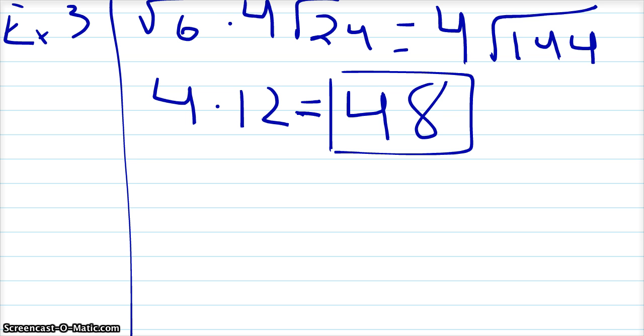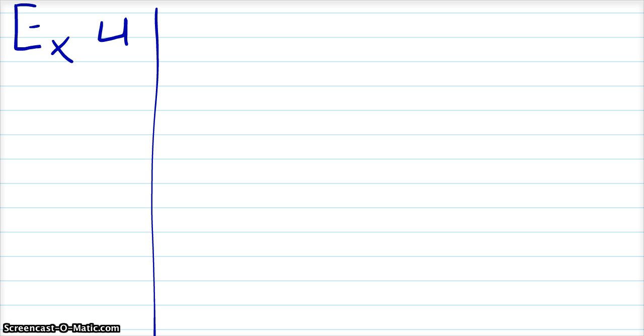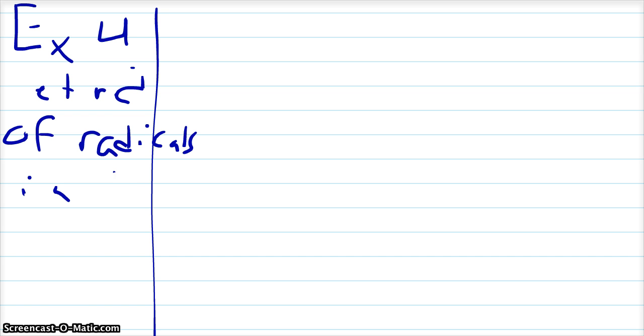And now we're going to do example 4. This is the one on how to get rid of radicals in the denominator.